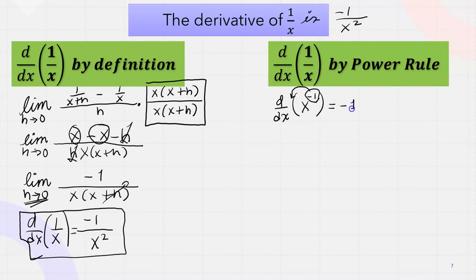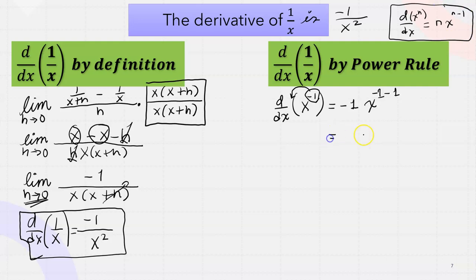So I will have negative 1 times x to the negative 1 minus 1, right? Because the derivative of x to the n power, the power rule said, is n times x to the n minus 1. So that is what that is. So that will be negative 1 multiplied by x to the negative 2 power.